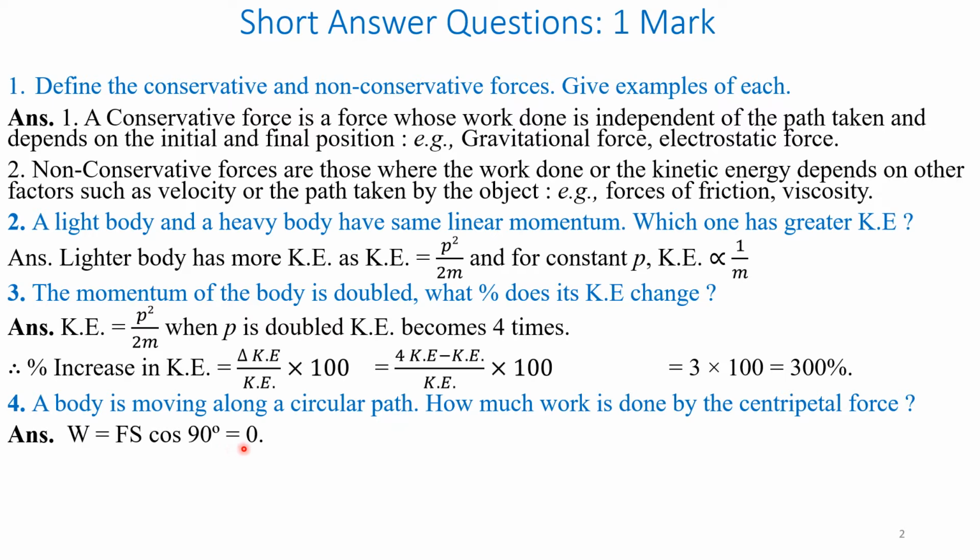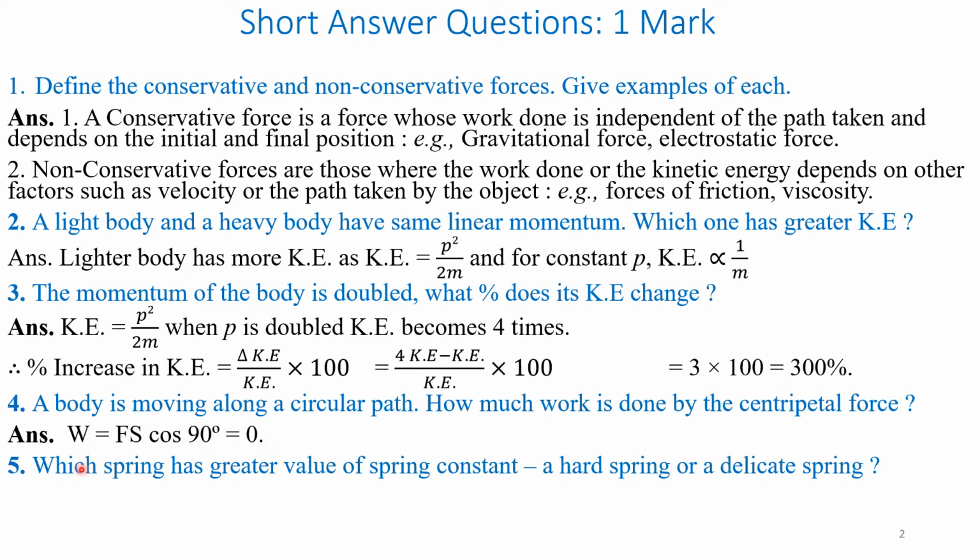That is equal to 0. Question number 5. Which spring has greater value of spring constant, a hard spring or a delicate spring? Answer. Hard spring has greater value of spring constant.